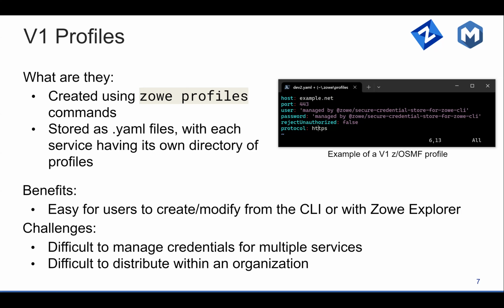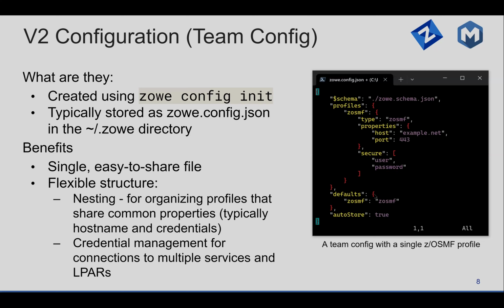Or you could maybe have people put the profiles in the wrong place on their hard drive, and you lose default profile settings and so on. So the V1 profiles worked. They were effective, but they do have some shortcomings, which team config was introduced to resolve.